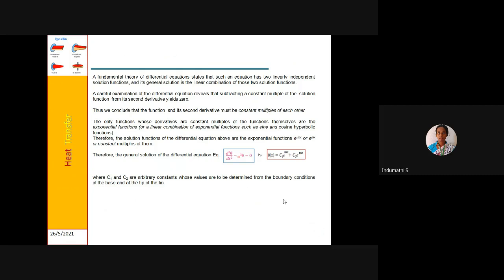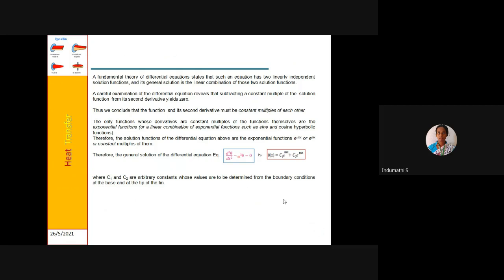The differential equation reveals that subtracting a constant multiple of the solution function from its second derivative yields 0. So we can say that the function and its second derivative must be constant multiples of each other. The only functions whose derivatives are constant multiples of the functions themselves are exponential functions.